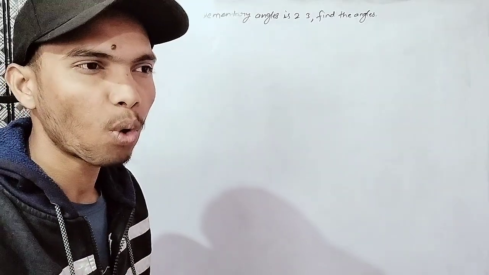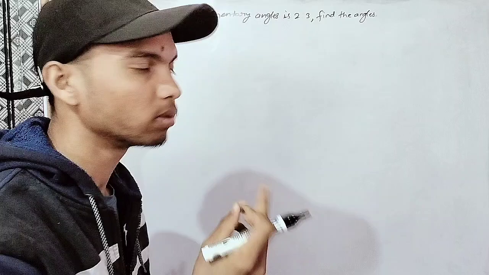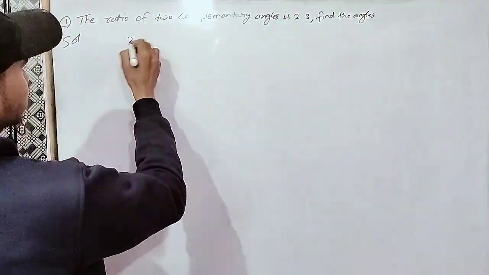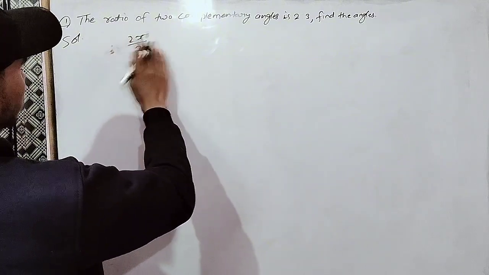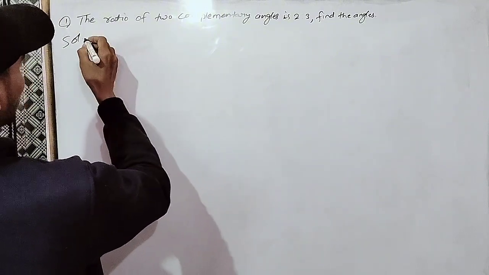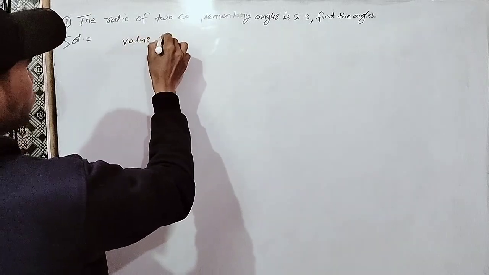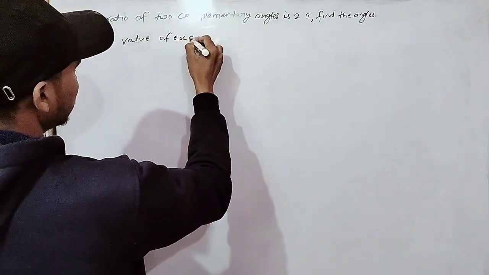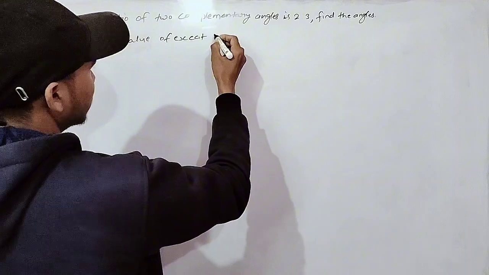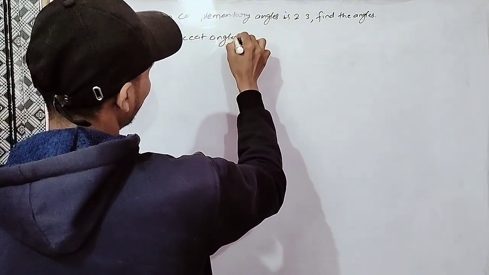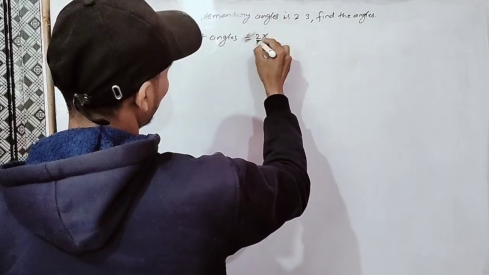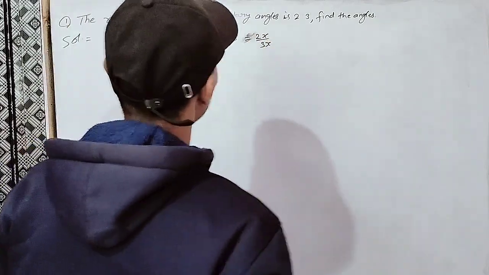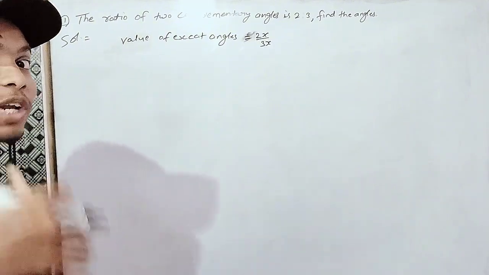Let's say we don't know the value of the angles: 2x and 3x. The exact angles are 2x and 3x, but we don't know the value of x.